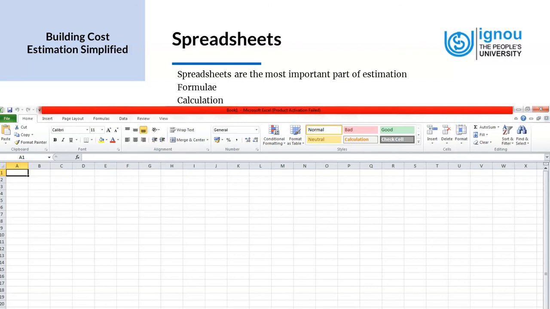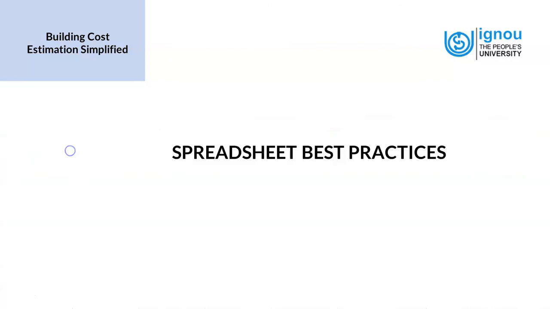Knowledge of spreadsheets is an important skill for an estimator. It is very important for estimators to have a good knowledge of the operations and the features of spreadsheets. In these there are cells, which are the boxes where we input the data.